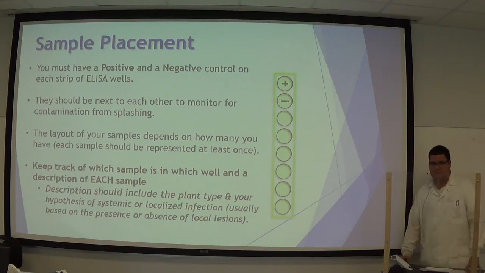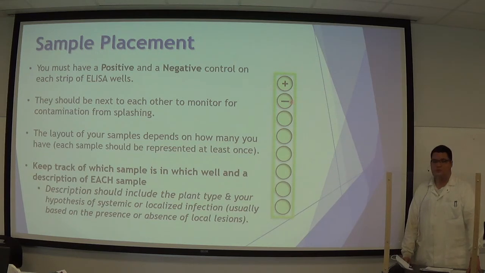The immunostrips, we're going to put them in a certain order. The wells are all the same, but we need to have a positive control and a negative control, as you saw in your previous experiment, so we have something to compare it to. And you guys should have 3 samples, so we're only going to be using 5 of the wells today for the immunostrips. The positive sample we have in front of your desk, which is just TMV that has been isolated.